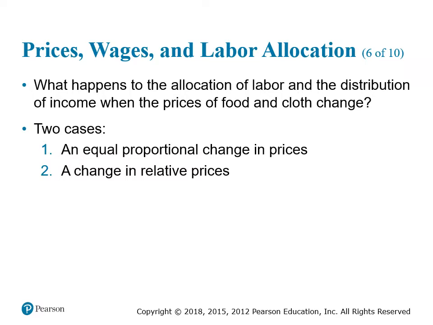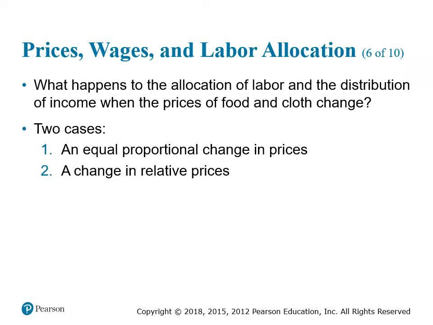Now suppose the price of, for example, food increases as compared to cloth. So we already knew that if the price of food increases, that means the wages of those who are working in the food industry will be higher, so more people will try to work in the food industry.